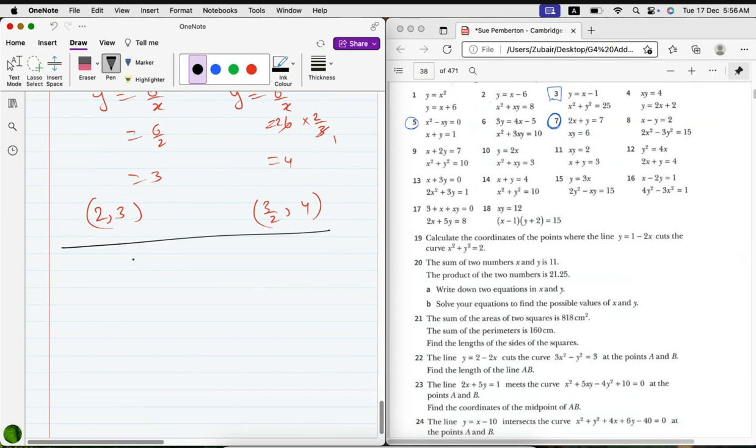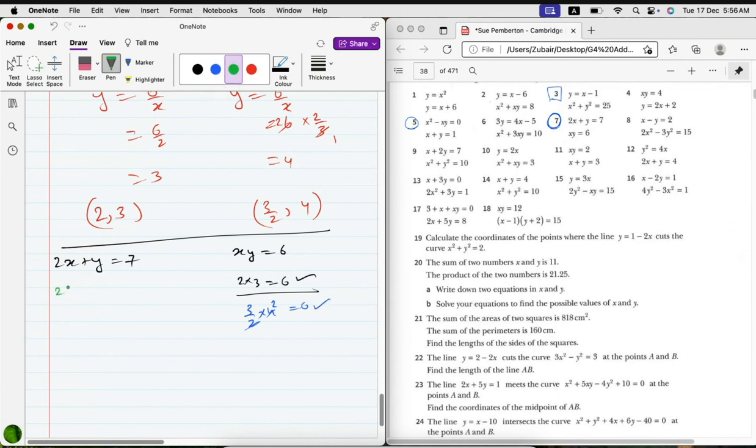Let's just quickly check that. 2x plus y is equal to 7 and x into y is equal to 6. Checking this first, 2 into 3, 6 equals 6, and then 3 by 2 into 4, 2 1 times 2, 2 times 2, 3 times is 6.